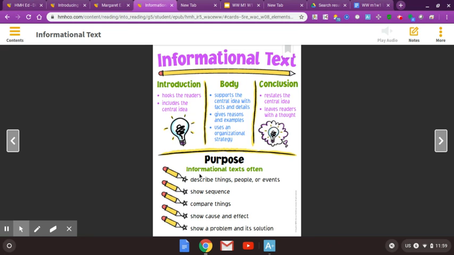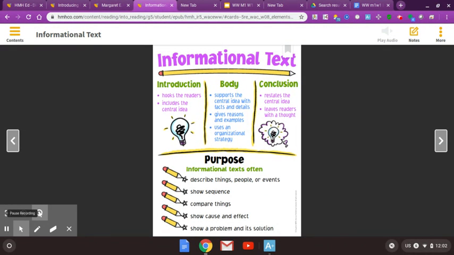That is, the author wrote it to inform us. We inform people by describing things, people, or events. We also inform people by showing sequence or the order things happen in. We can compare things. We can show cause and effect, or we could show a problem and its solution.